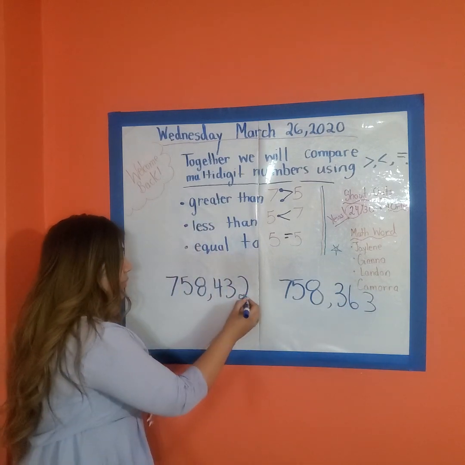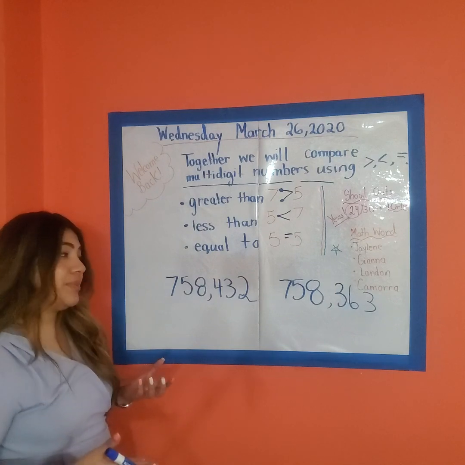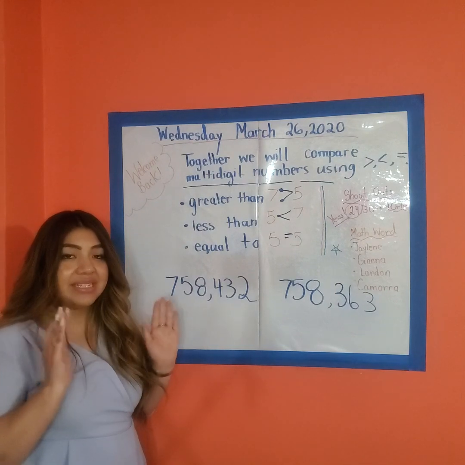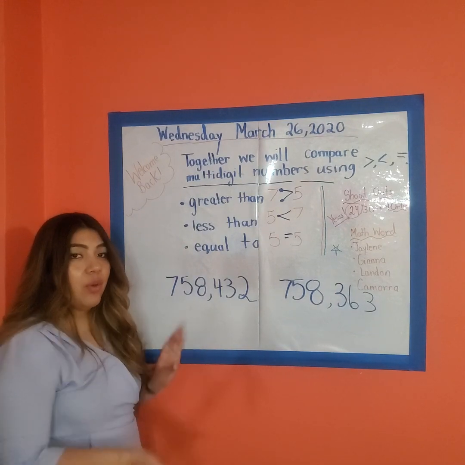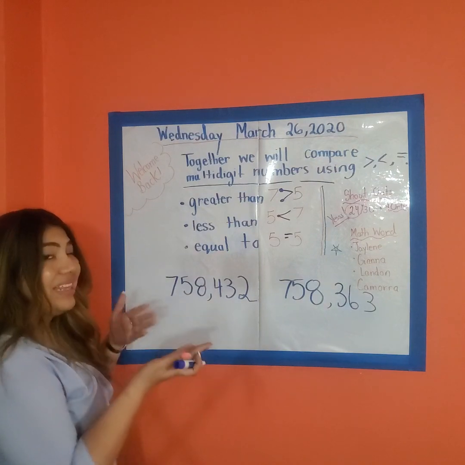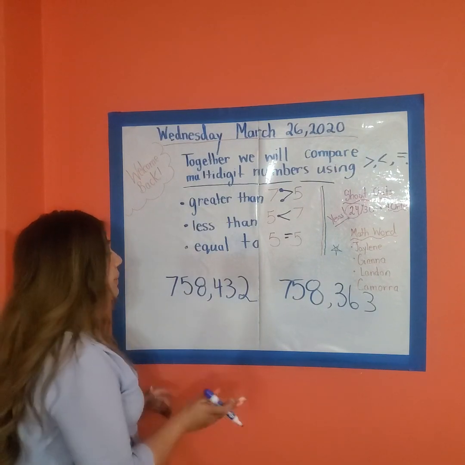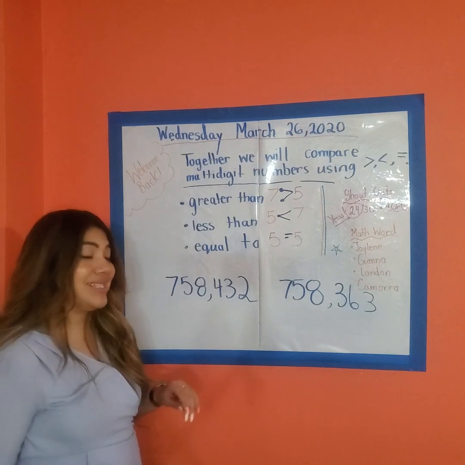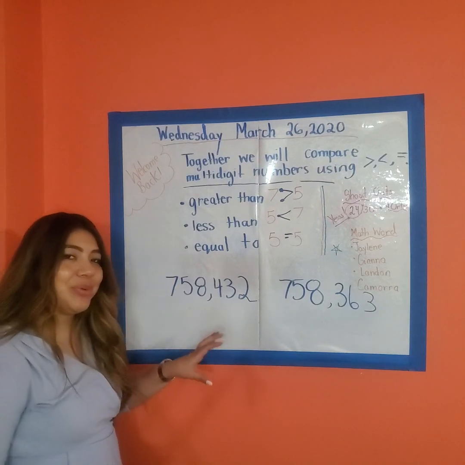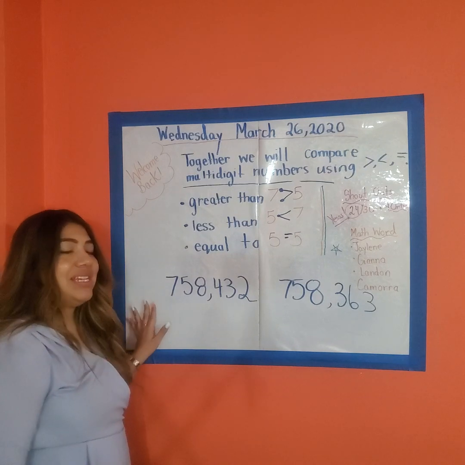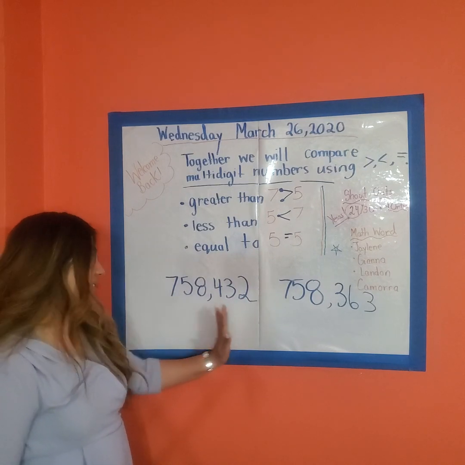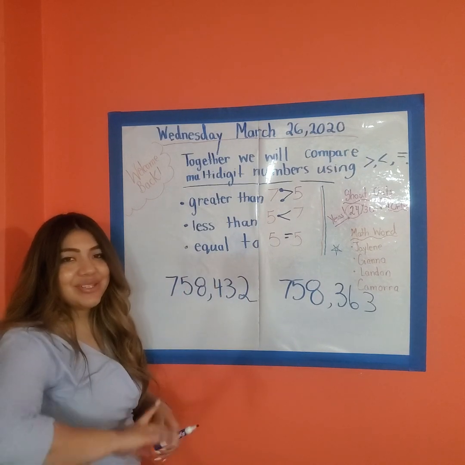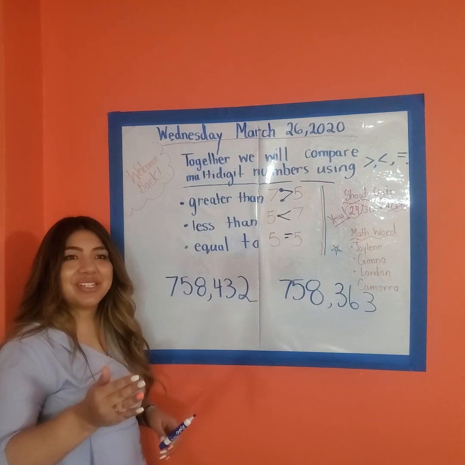And so now in order to figure out what the relationship is between these two numbers, I need you guys to remember, what place value should I look at first when comparing two numbers? And so what I mean by this is, am I going to look to the left? Am I going to look to the right? Am I going to just look somewhere in the middle? Okay, so take a few seconds, think about this question.